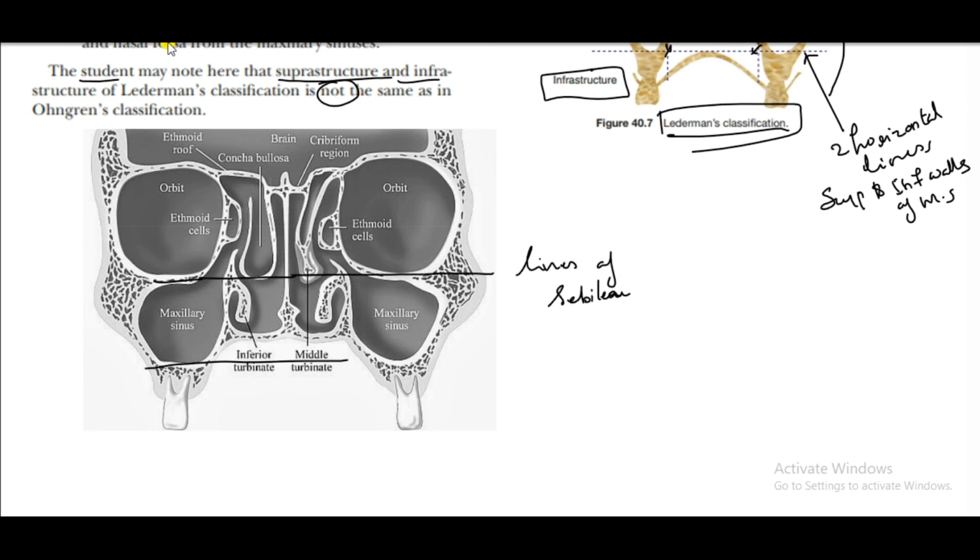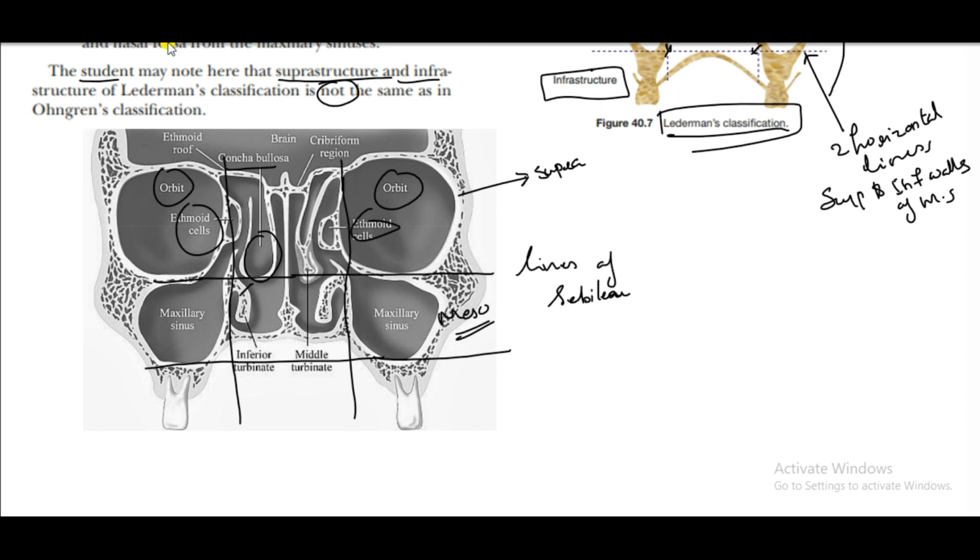It has two horizontal lines, superior and inferior, and two vertical lines. In the supra region, we can see the orbit and ethmoidal cells, and concha bullosa. In the mesostructure, we have the maxillary sinus and inferior turbinate. In the infrastructure, we have the alveolar process.